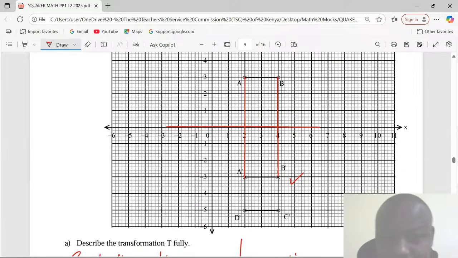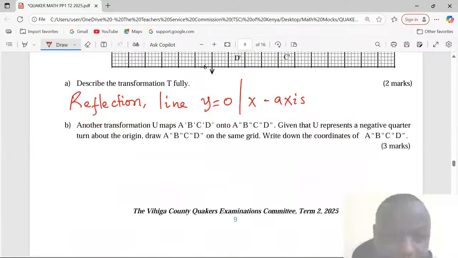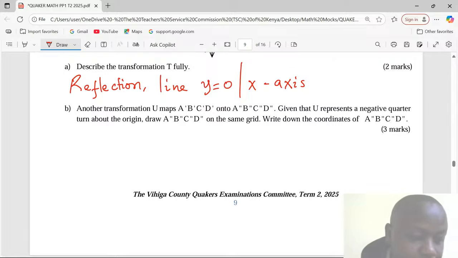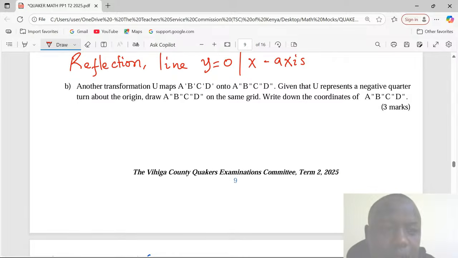Then after that, ladies and gentlemen, we proceed to part B. We are told that another transformation U maps A prime, B prime, C prime, D prime onto A double prime, B double prime, C double prime, D double prime.